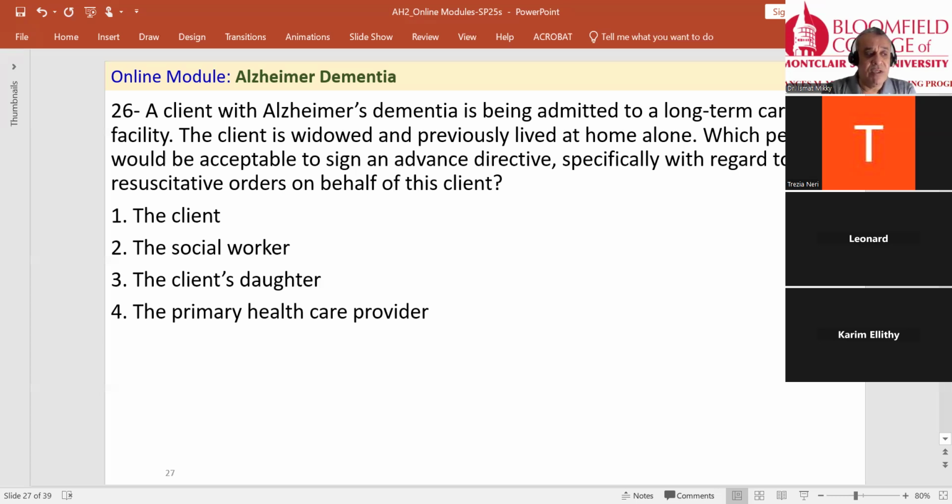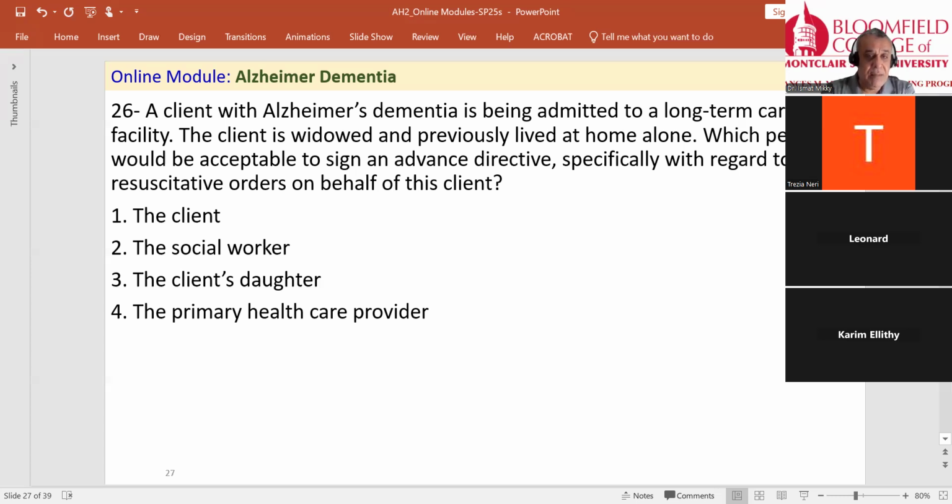In terms of resuscitative orders, if the client is unable to make decisions and the POA had not been previously appointed by the client, the next of kin will make decisions with regard to healthcare services for that client. Therefore, the client's daughter would be the acceptable one legally to sign the advanced directives for this patient.